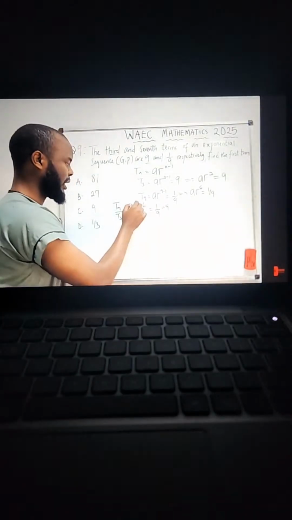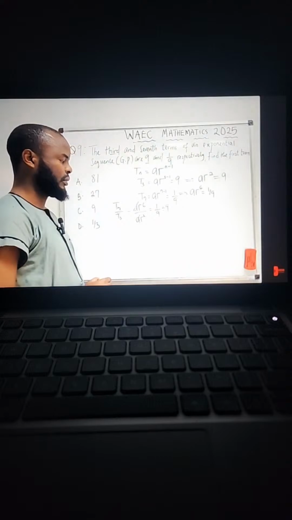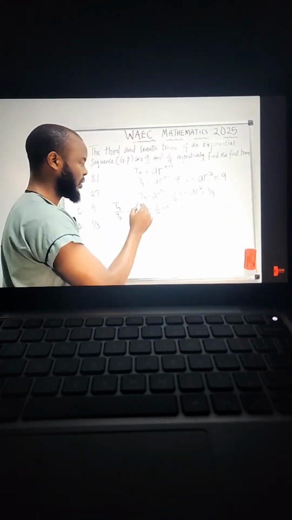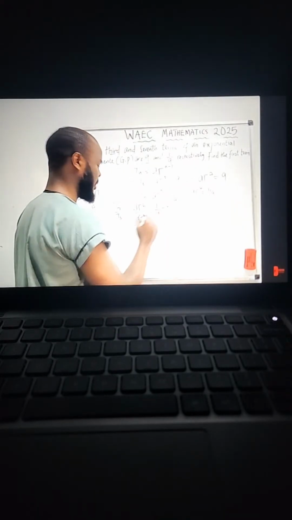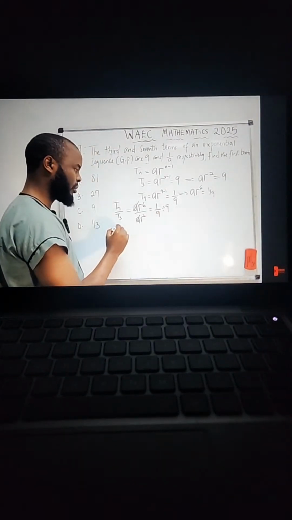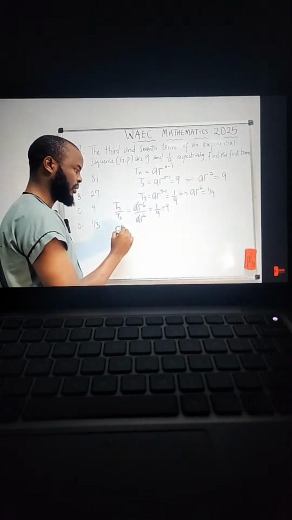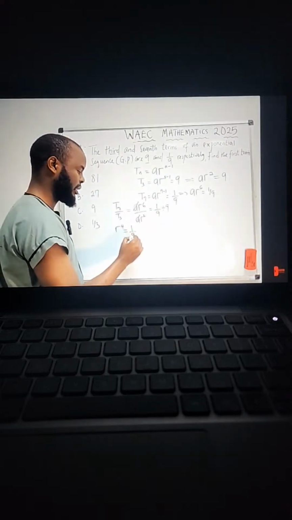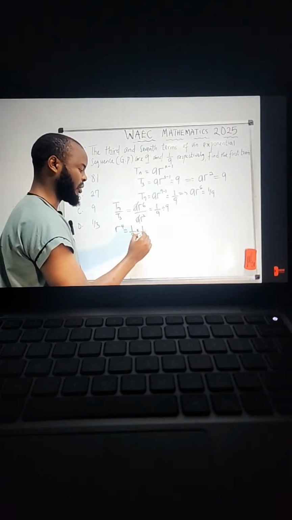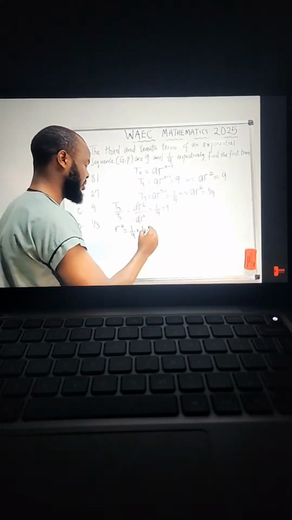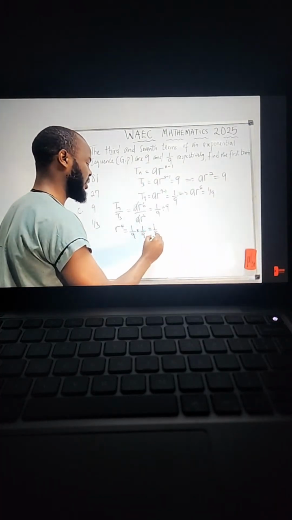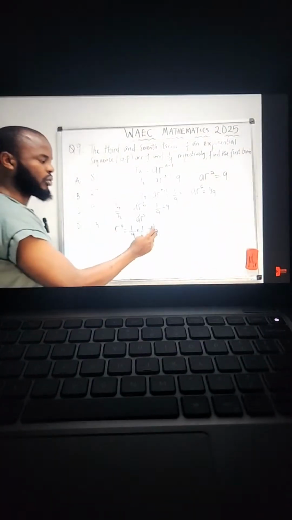So now A can cancel out A. So here we have R to the power of 6 divided by R to the power of 2. We have R to the power of 4 equals 1/9 times 1/9, because if this turns to multiplication, you find the reciprocal, which is 1/81. Now, R to the power of 4 equals 1/81.